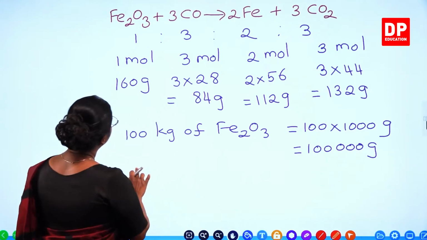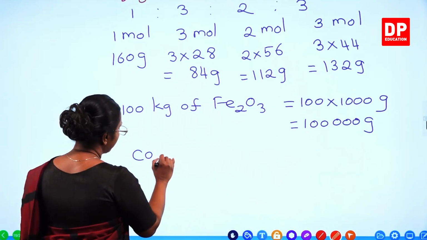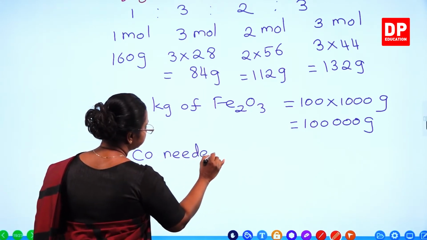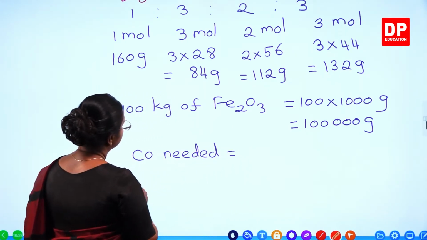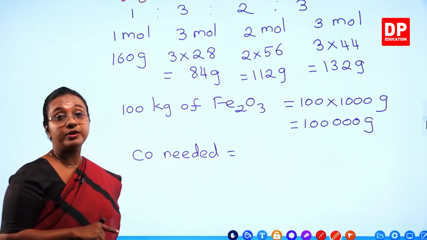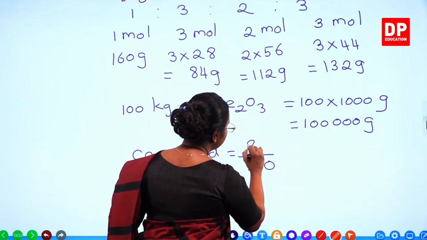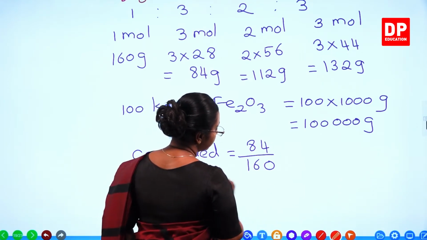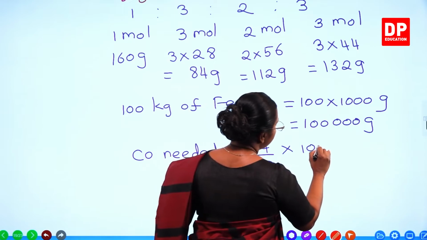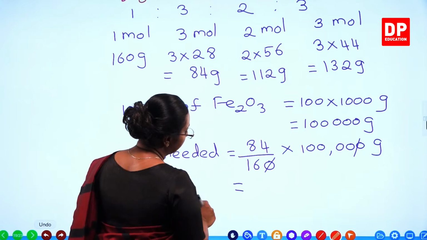So, if we try to find the amount of carbon monoxide needed: if you want to reduce 160 grams, you need 84 grams of carbon monoxide. So for 160 grams, you need 84 grams of carbon monoxide. Therefore, for 100,000 grams, if we simplify this, we need to divide 84 by 16.